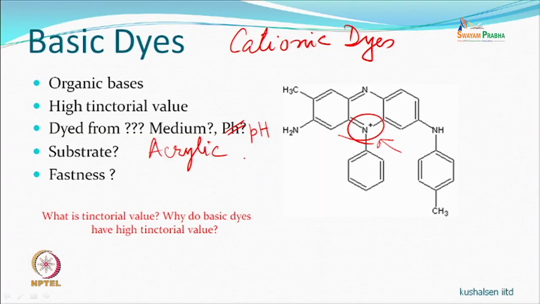And so light fastness of cationic dyes on acrylic fibers is also pretty good. So you may note down from somewhere what is called a tinctorial value, why the basic dyes have high tinctorial value, learn a little more about it and keep it in your notes.